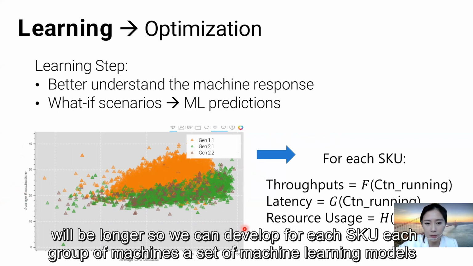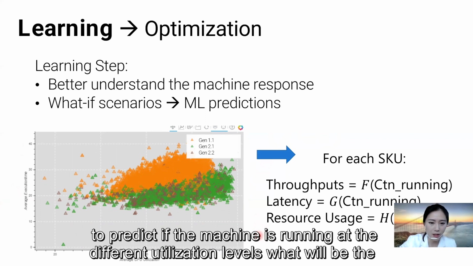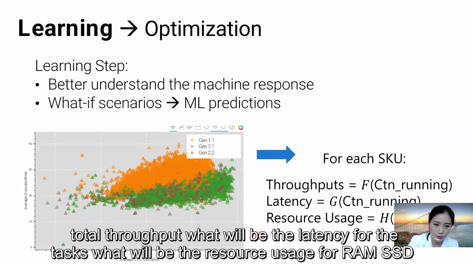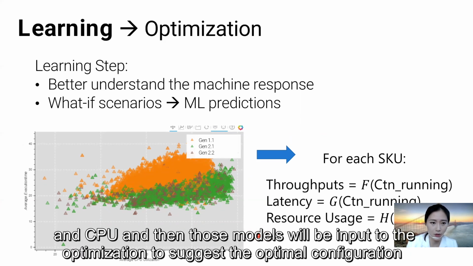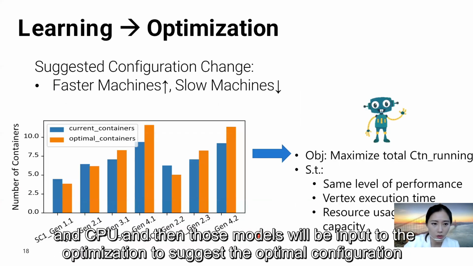So we can develop for each SKU, each group of machines, a set of machine learning models to predict, if the machine is running at different utilization levels, what will be the total throughput, what will be the latency for the tasks, and what will be the resource usage for RAM, SSD, and CPU. Then those models will be input to the optimization to suggest the optimal configuration change.